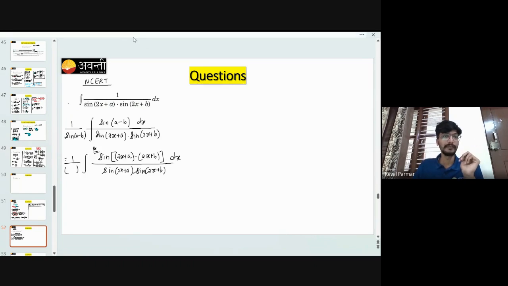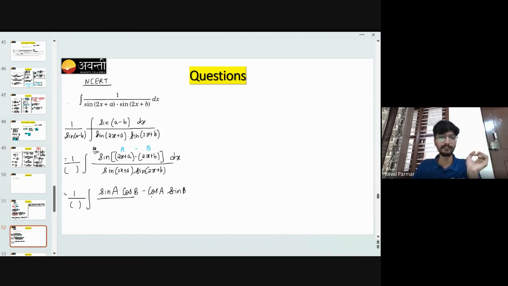Here on top, which formula do we apply now? Sin(A minus B). Sin(A minus B) is sin A cos B minus cos A sin B. I am taking this as capital A and B just for simplification. And in the denominator, what I did is I split it, so the denominator is sin A sin B, and here also sin A sin B. Correct?